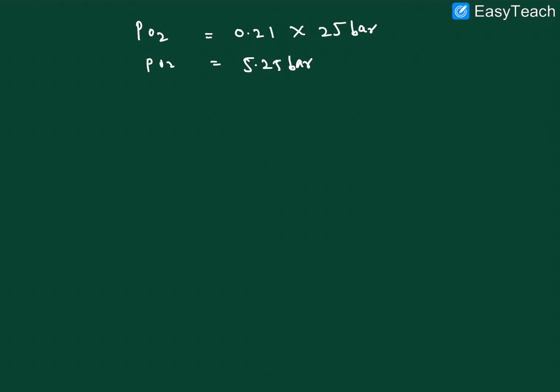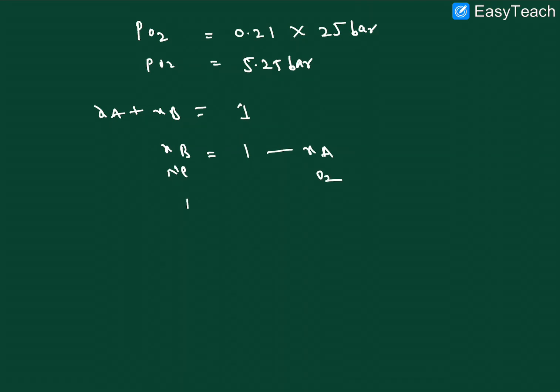What about the partial pressure of neon? We have already calculated one mole fraction. Here we want the neon mole fraction. How can we calculate the mole fraction? We already know that XA plus XB is equal to 1. For example, oxygen is XA and we want neon, that is XB. So XB is equal to 1 minus XA, right?